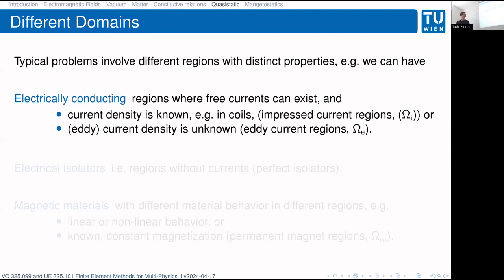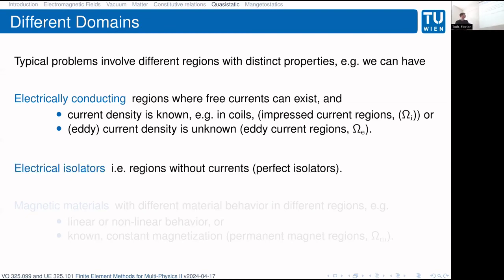Either they are already known, so they are prescribed, for example, by coils, or they are unknown in conducting materials, so they are eddy currents. But you can't have both of them at the same time. Either you know the current density or it's unknown and it's eddy currents.